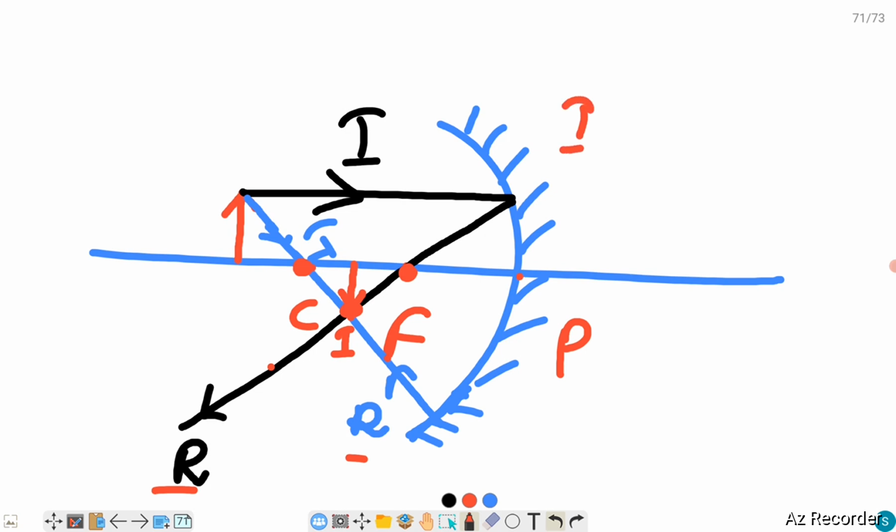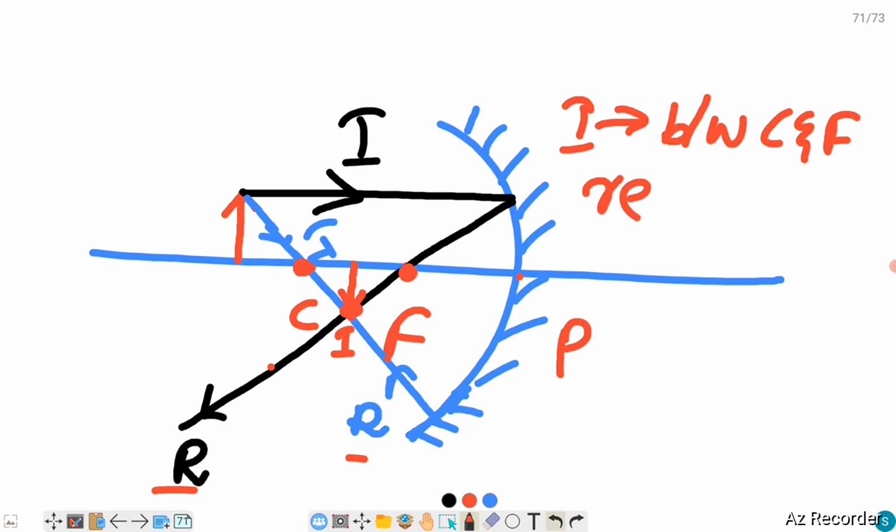So the characteristics of the image are, position you understood. Image is formed between C and F, and it is also due to the real intersection of reflected rays, so that it is a real image. If you observe the heads of the object and image, for the object it is upwards, for the image it is downwards.